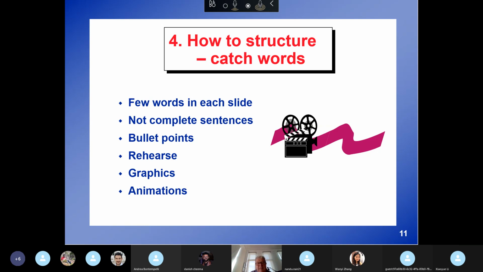So if you think about it, the way I'm giving this talk now, I actually read some of the parts, but only rarely reading the sentence, I will talk about what is written in the slide.